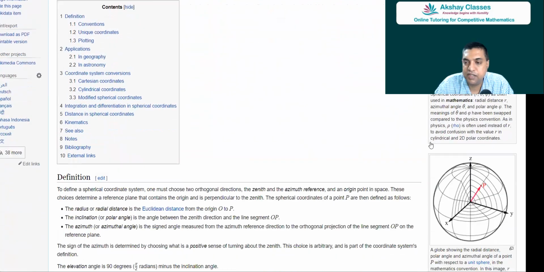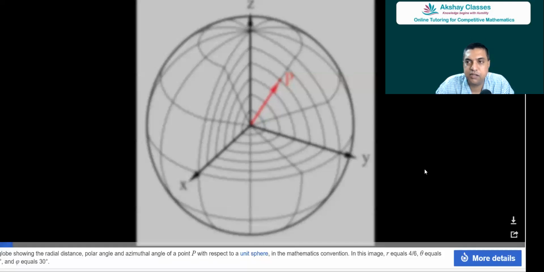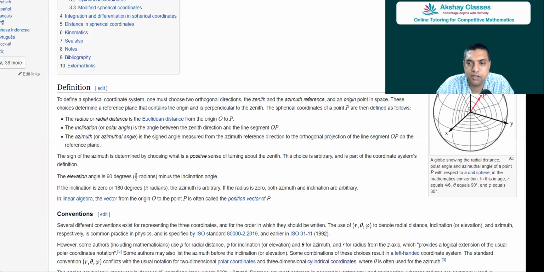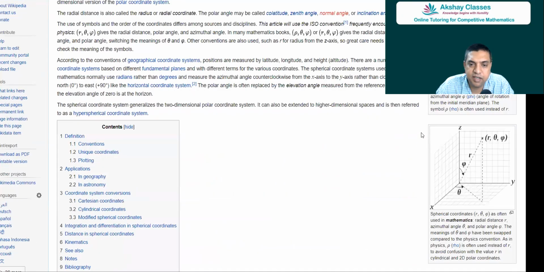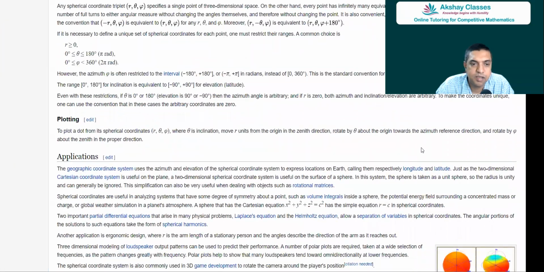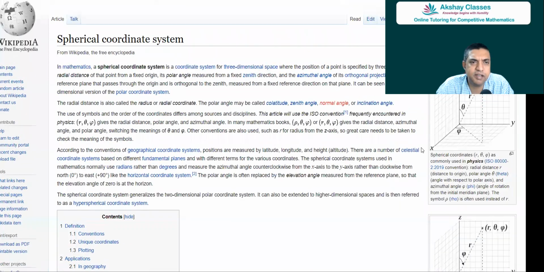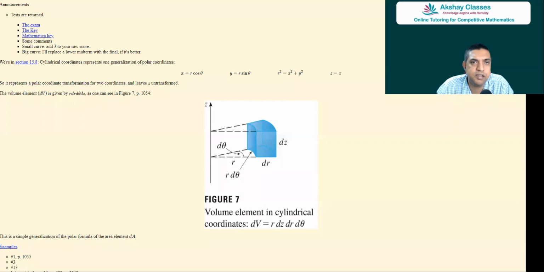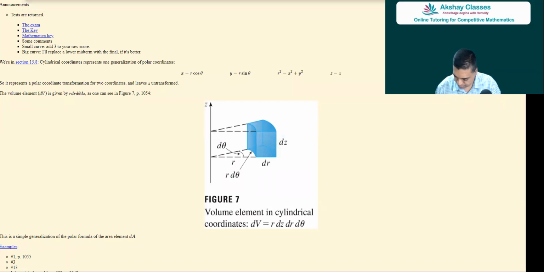So based on this, we have this figure. Okay. So this is the spherical coordinate system. Many very complicated physics problems are solved using this one. So now, the volume element in spherical coordinates.